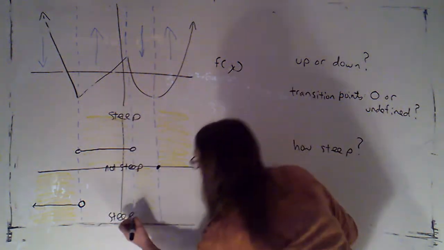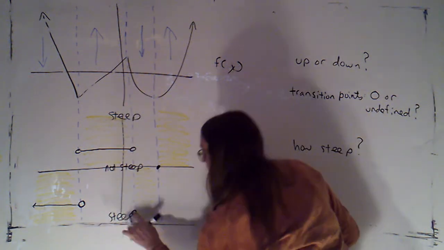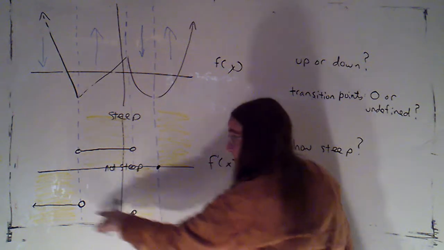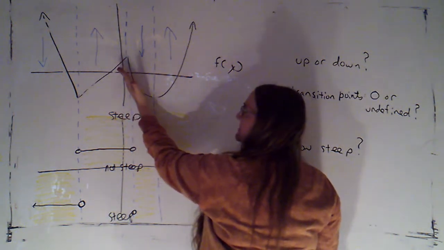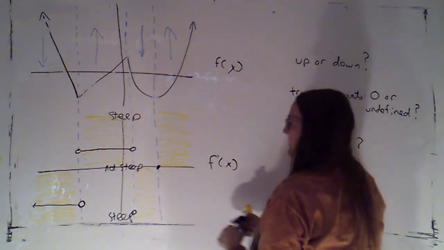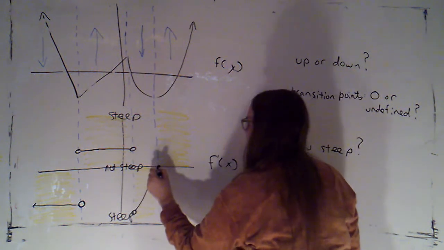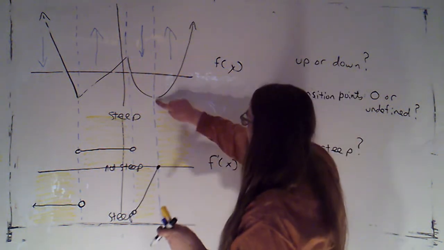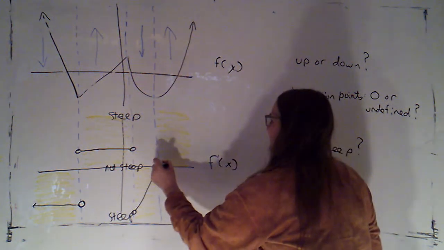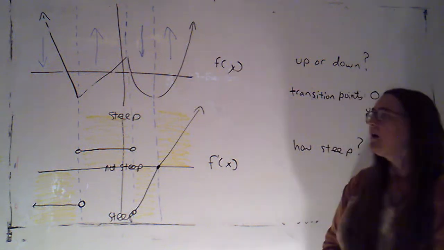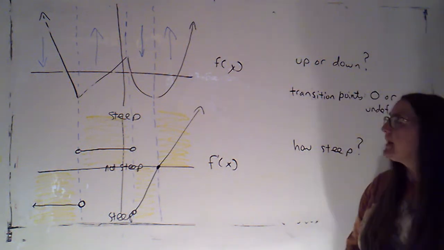So I'm going to jump lower down, to steeper than this was. But then what happens to the steepness? Looks like we get less steep until we hit 0. And now here, we're not so steep, and then we get steeper. So it's going to look something like so.